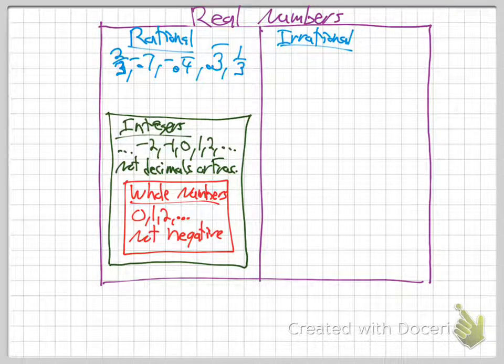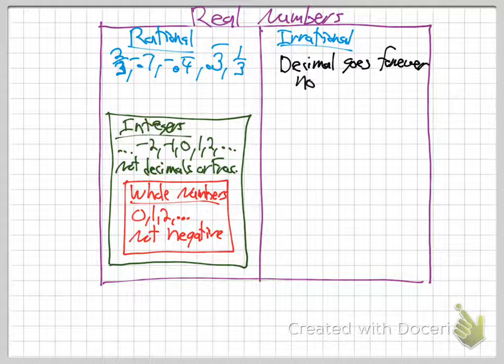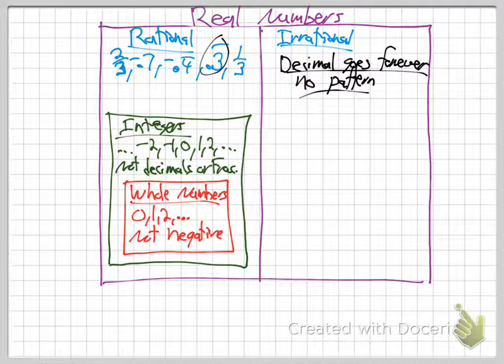So, and then over here, the irrational numbers, that again means a decimal that goes forever, no pattern. Because here's a decimal that goes forever, but it's got a pattern. That's rational. It's the same as 1/3. It's a ratio number. But decimals that go forever with no pattern, those are irrational. What are those? Like pi, 3.14159, blah, blah, blah.